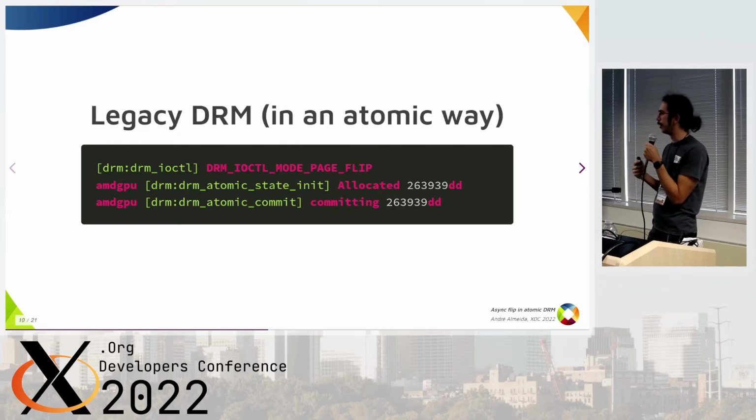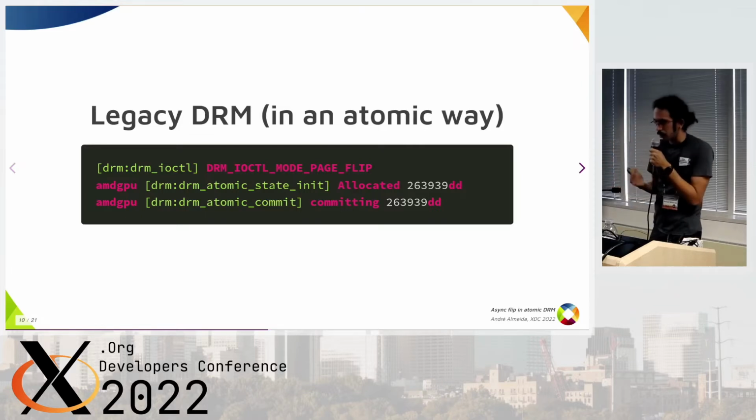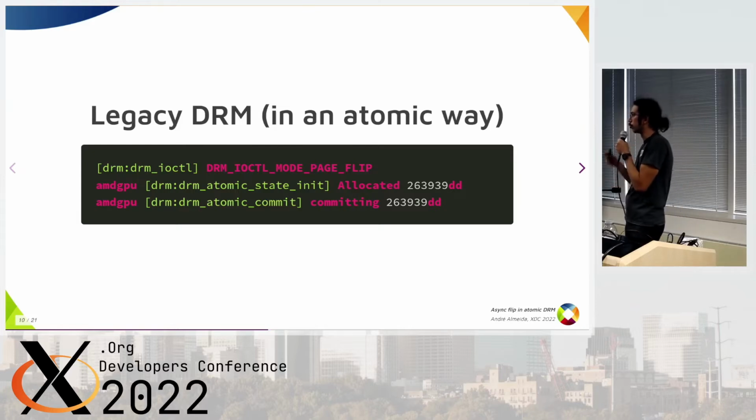When you use the legacy DRM API on AMD GPU, I was seeing a lot of calls to the Atomic DRM, and I was a little bit confused, but it turns out that when you call the legacy DRM ioctl, the AMD GPU will translate that to Atomic internally.